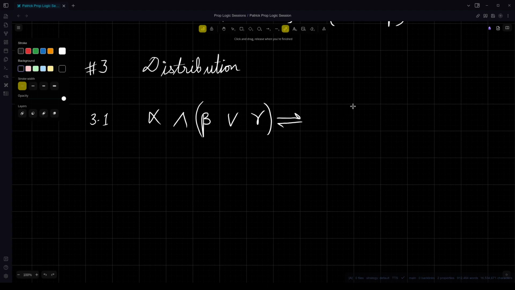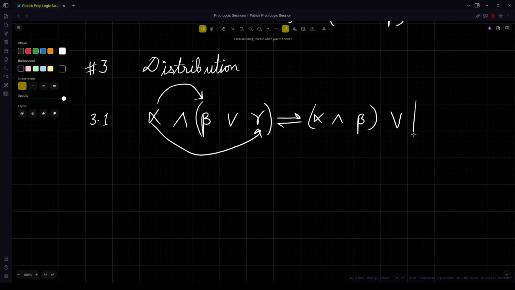I would guess you just move the brackets as you did in the last one. No, that wouldn't work, because we have to distribute this, right? So what's going to happen is you get alpha and beta. What you're doing is pairing these two, and then pairing these two.